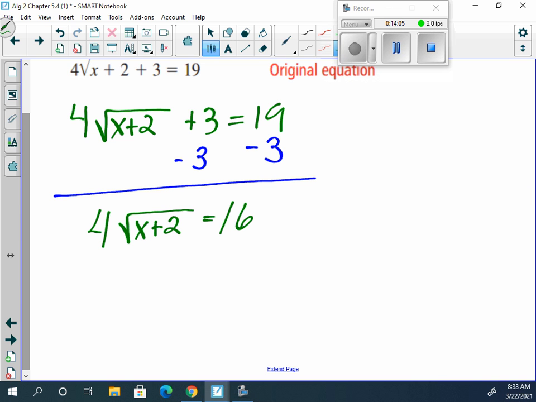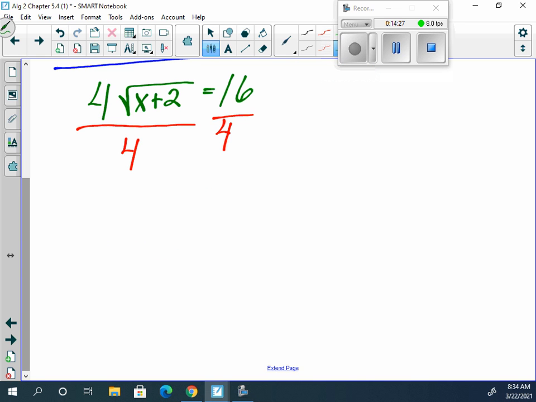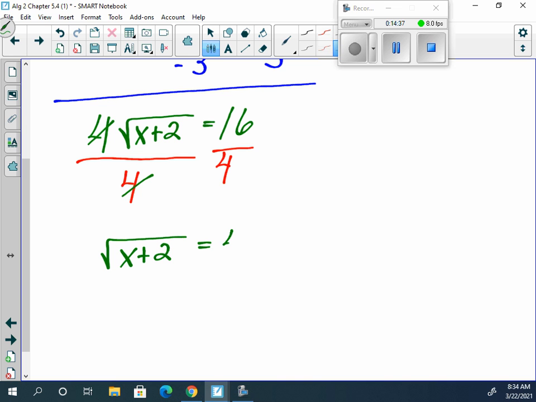Now again, we've already said the radical isn't by itself yet because we have a 4 and a 3. We only dealt with one of them. Right? Because the 4 and the radical are being multiplied together, we can divide both sides by 4. Those 4 divided by 4 would become 1, leaving us with just the square root of x plus 2 is equal to, well, 16 divided by 4 is 4.